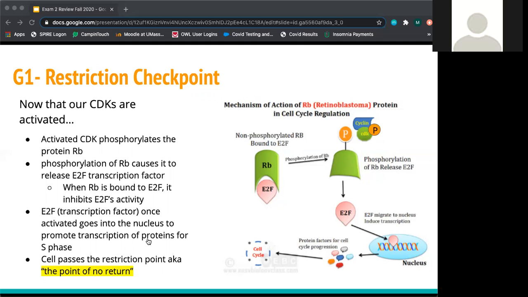So when RB is bound to E2F, it holds E2F inactive. So when E2F gets activated, it goes into the nucleus and promotes the transcription of proteins for S phase. And this is the restriction point.